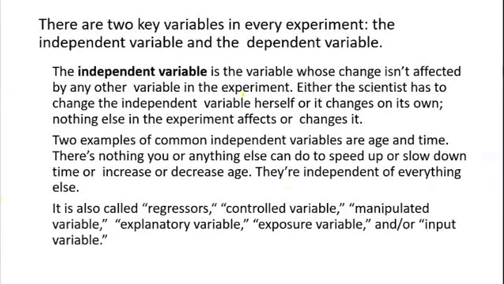As we all know, there is nothing you or anybody can do to speed up or slow down time or increase or decrease someone's age because they are independent of everything else. So the world will keep on spinning even without you. The independent variable is also called regressor, controlled variable, manipulated variable, explanatory variable, or input variable.